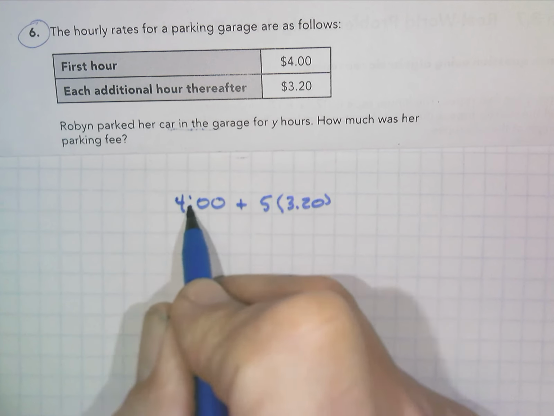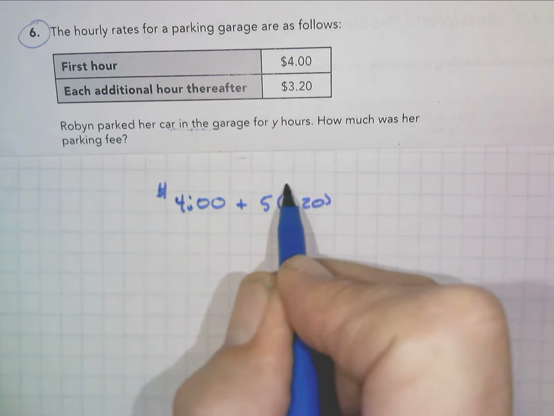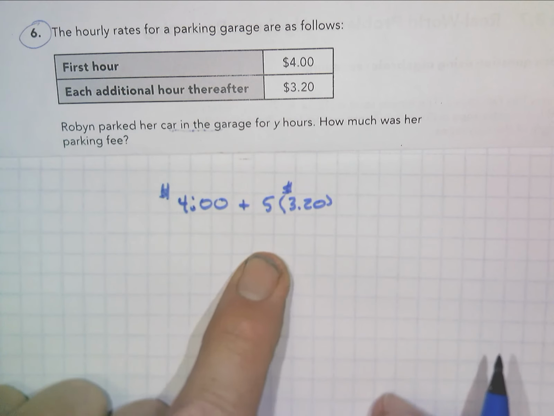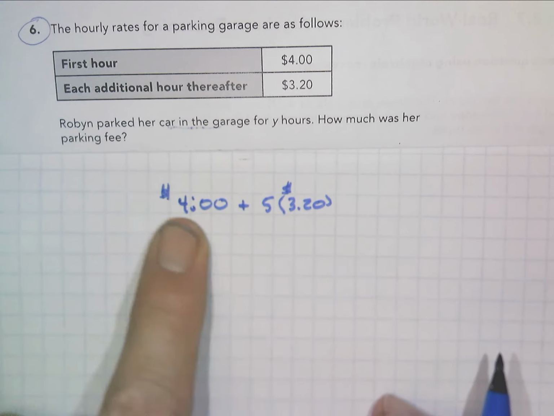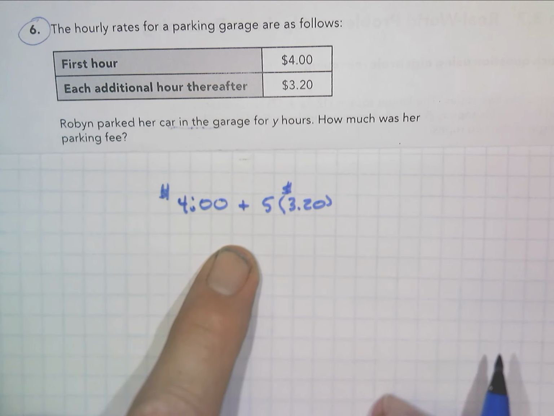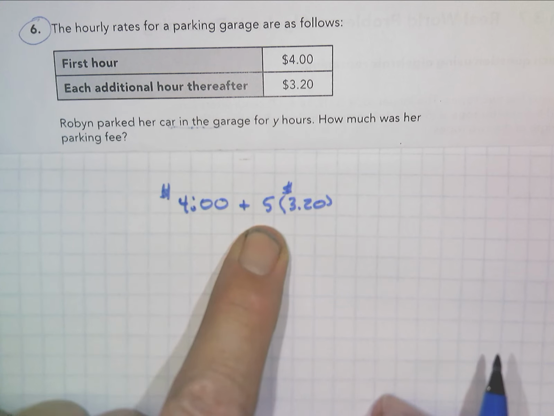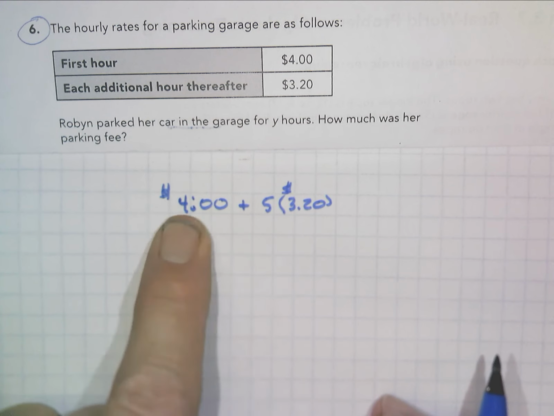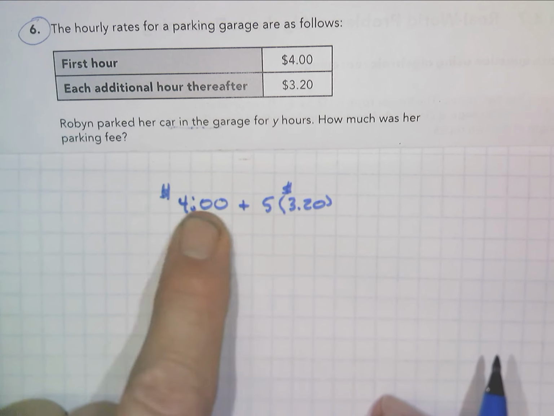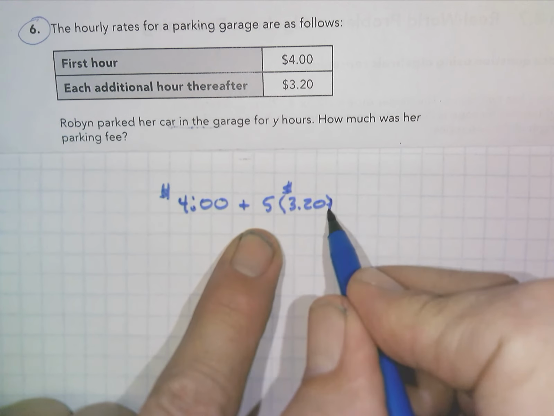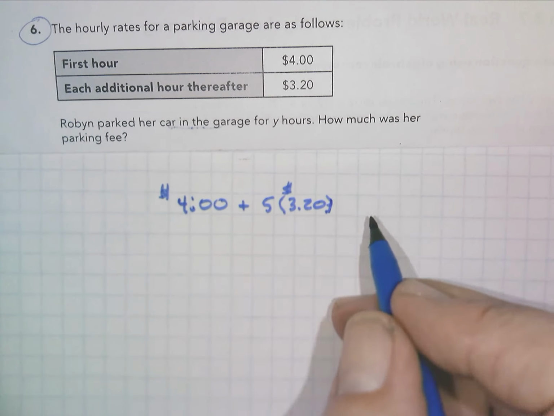Sorry, this isn't a time. This is dollars. And we could do that to get the cost of parking there for 6 hours. The first hour costs $4, and the next hour's 5. After the first hour, 6 minus 1 is 5. After the first hour, we have 5 hours left, and we multiply that times $3.20 to get our cost.